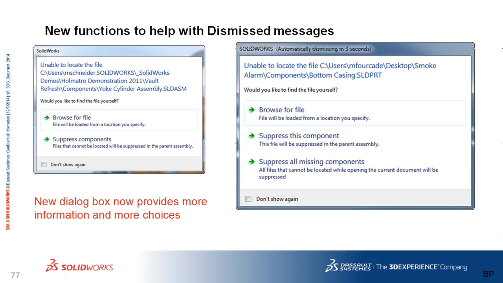This was exactly why we kept running into the issue, because people would say, don't show me this again, and boom, done. So now in 2015, we have a third option that allows us to suppress all the missing files and dismiss these messages without permanently dismissing the message, so the next assembly we work on, we're still going to get that message.